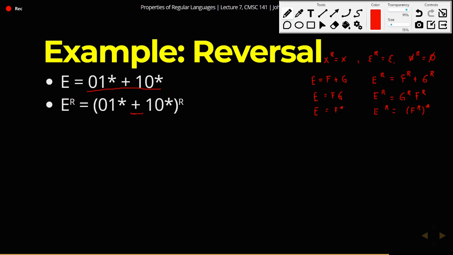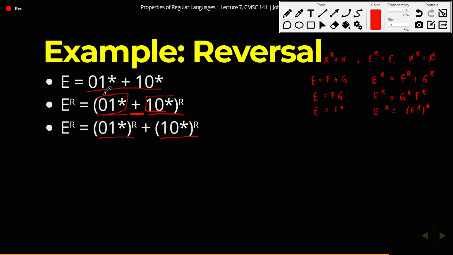Because we can think of this as expression union expression, reversed. So to do that, we'll just have 0, 1 star reversed plus 1, 0 star reversed. So FR plus GR, right? We'll reverse this expression right here, and then we'll also reverse this expression right here.